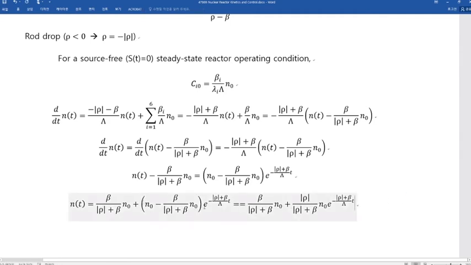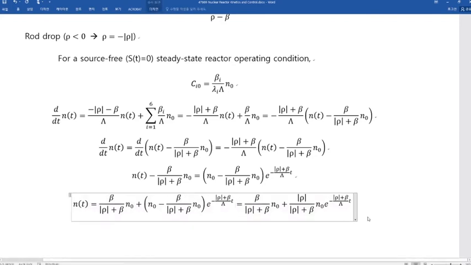If we take out n0, then 1 minus beta over the absolute value of rho plus beta will be the same as the absolute value of rho over the absolute value of rho plus beta. So n0 is just taken out of the parentheses. So this becomes equation 5.61.